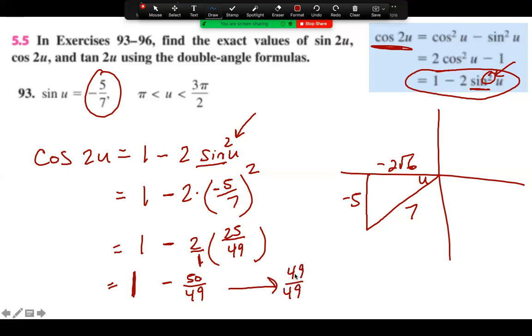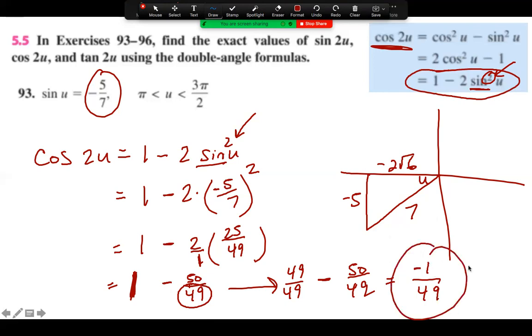One whole is anything divided by itself. So I'm doing that to match this denominator. So now I've got my one whole, which is 49/49, minus 50/49ths. So now I've got my common denominator of 49ths. And 49 take away 50, you're in the hole by 1. So cosine of twice theta is worth negative 1/49.